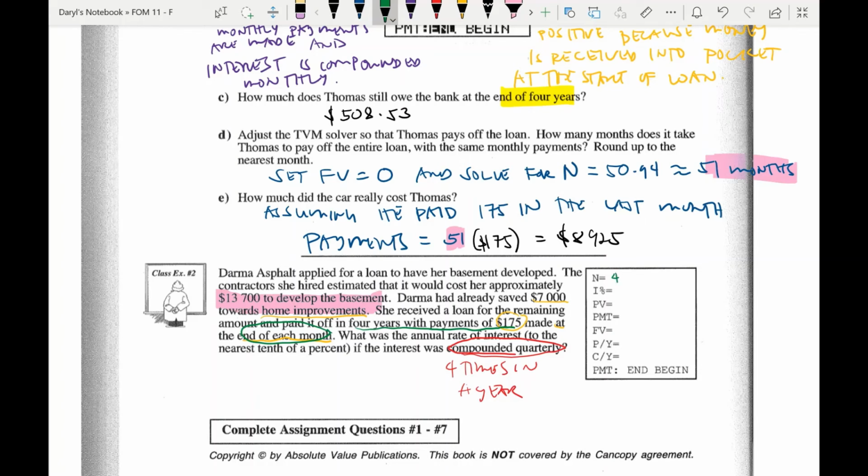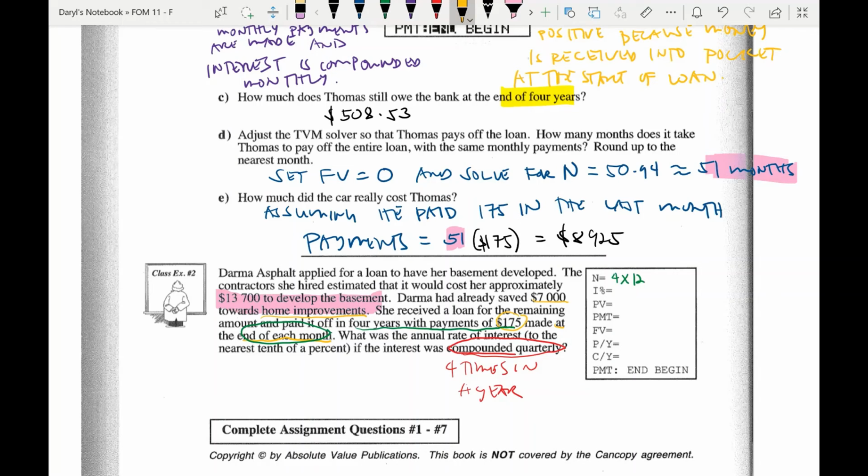So that would be 4 times 12. In your calculator you can just place 4 times 12, or just place 48. Interest, well, that's the question. And then the payment is 175.